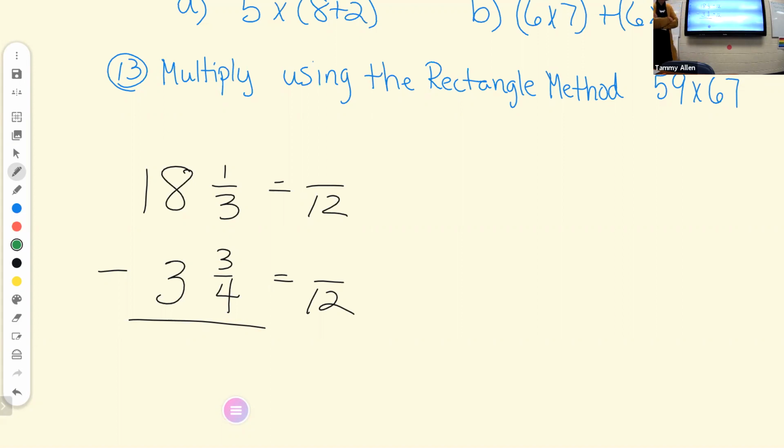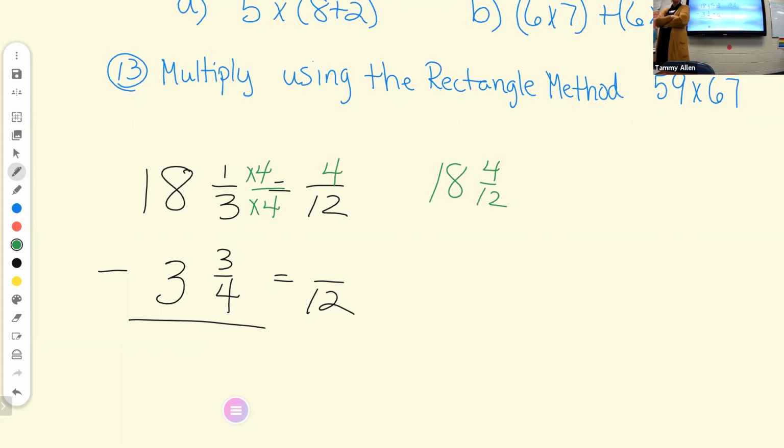So you have to multiply 3 times 4 to get 12, and then you multiply 1 by 4 to get the 12. So our new mixed number is 18 and 4/12. 3 and 3/4.